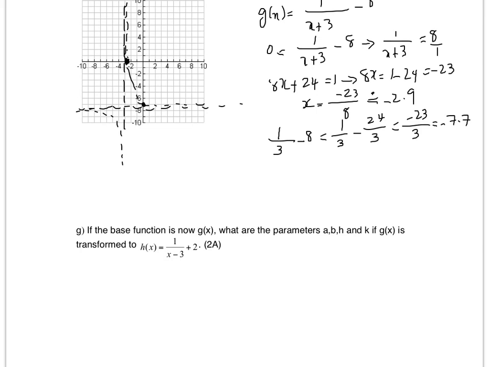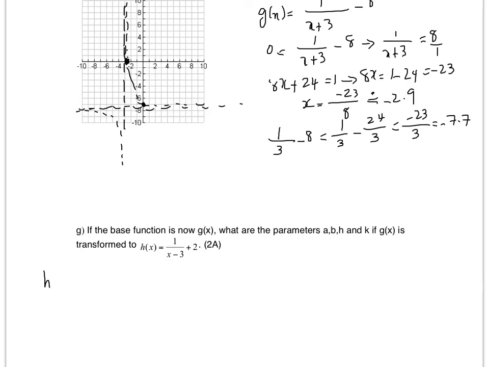The second part of the question, part G, says if the base function is now g of x, this means that this graph that we just plotted is going to be our base function. What are the values of parameters a, b, h, k if g of x is transformed to h of x is equal to 1 over x minus 3 plus 2? Now, before we do anything, we are going to simplify the fraction by finding the common denominator.